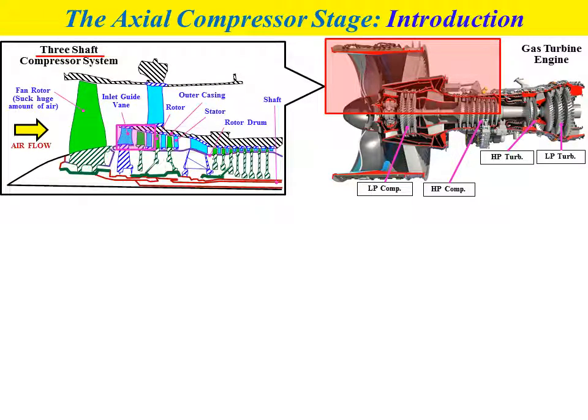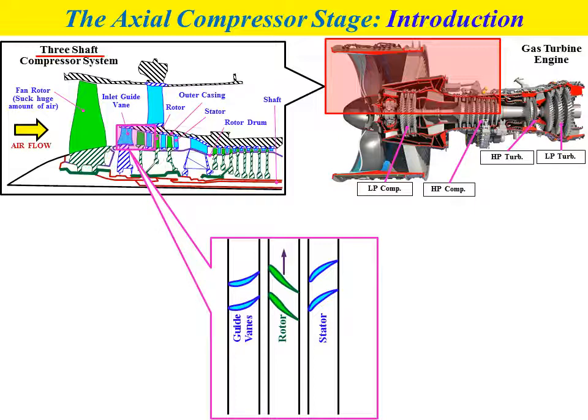If we zoom in on the initial stage of the low pressure compressor, we will have this simplified circular diagram that consists of the inlet guide vane, rotor, and also stator.